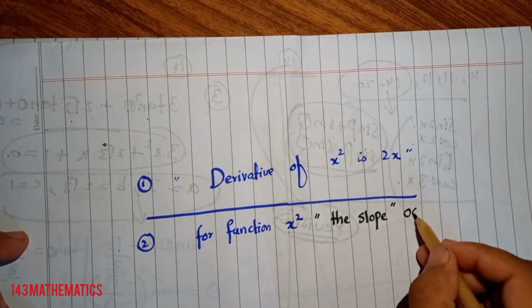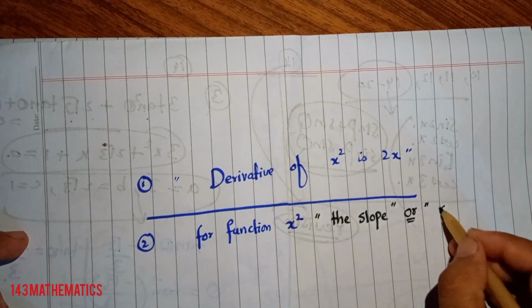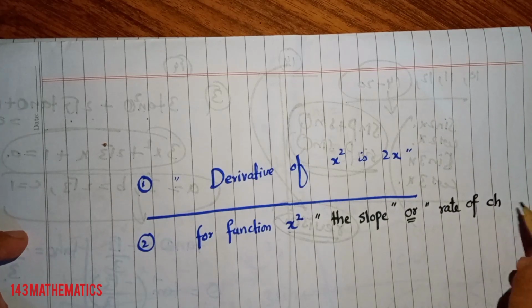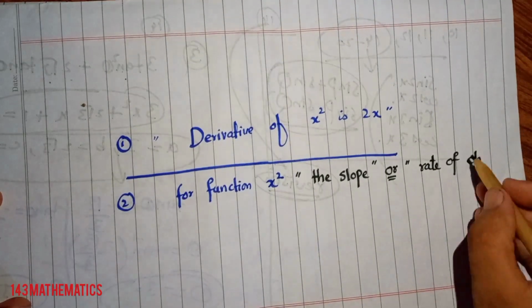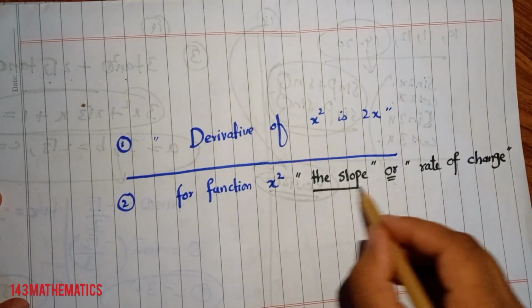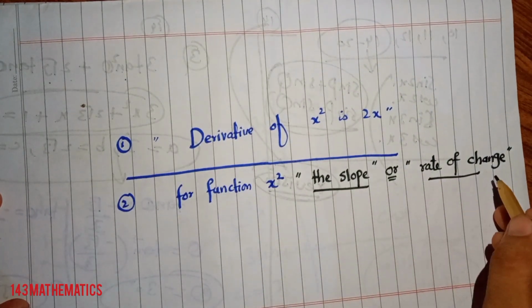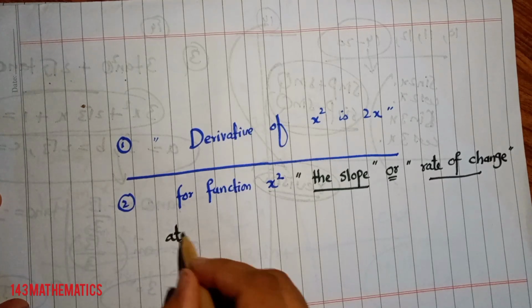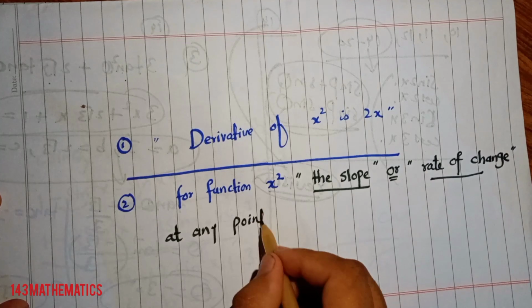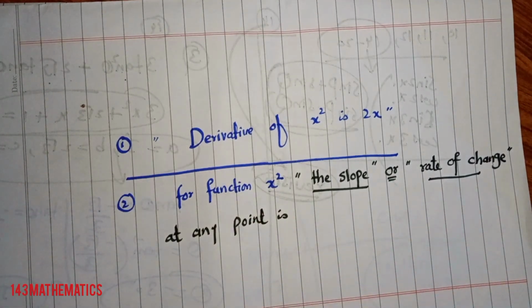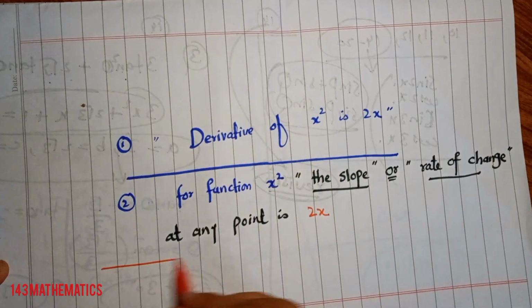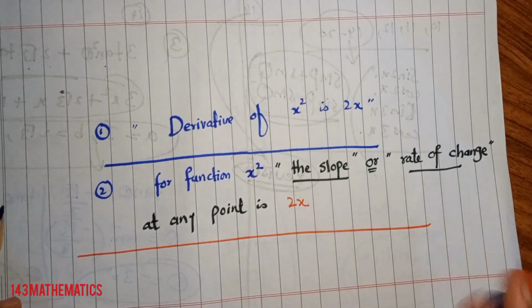The slope, or you can write it as rate of change, the slope or rate of change at any point is 2x.